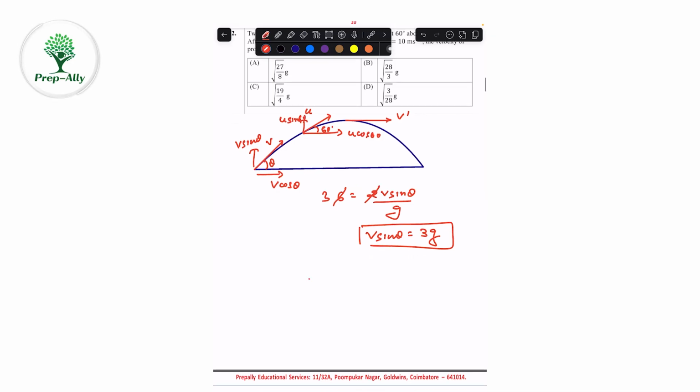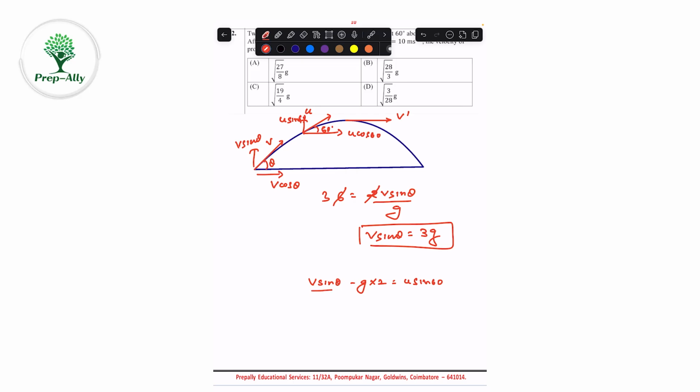Now we know that v sine theta, which is the upward velocity, minus g into 2 seconds after it has gone there, is equal to the upward velocity, which is u sine of 60. There's a mistake, it is v sine theta.